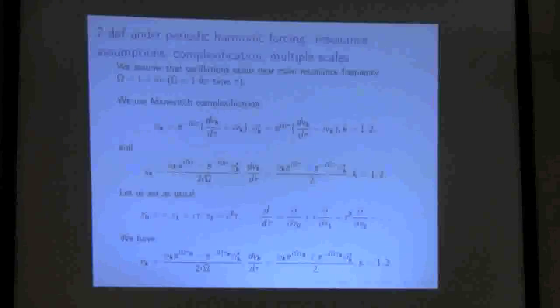So we will analyze again the dynamics of this coupled system when the main resonance occurs. So we will assume that capital omega is close to 1, and we will write omega is 1 plus sigma epsilon.